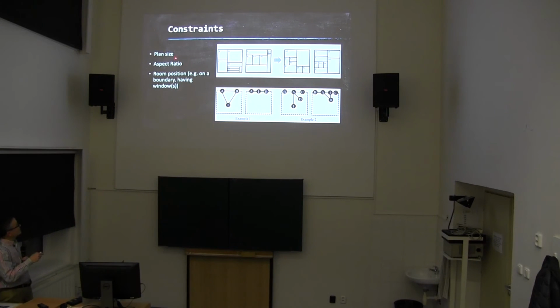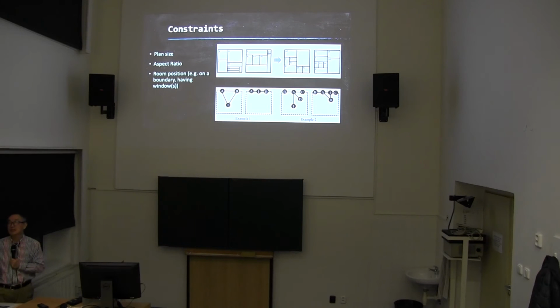And then the user can also specify detailed constraints like plan size. I want the total size to be this, and also aspect ratio. It should make sense intuitively, because these rooms look too long. You probably don't want those kinds of rooms, right? So you may want to specify a certain ratio. And also room position, for example, on the boundary, having windows.